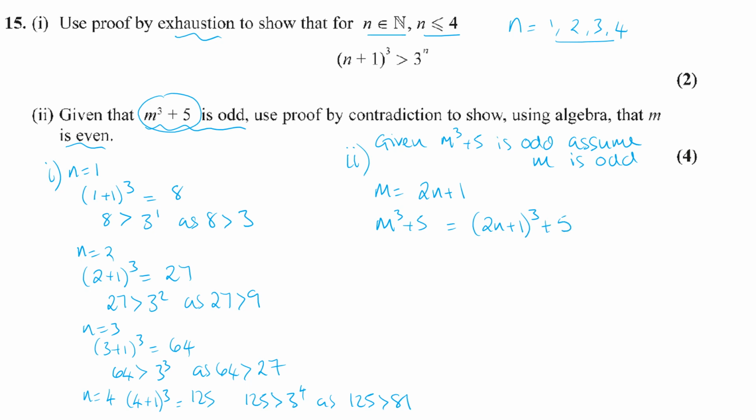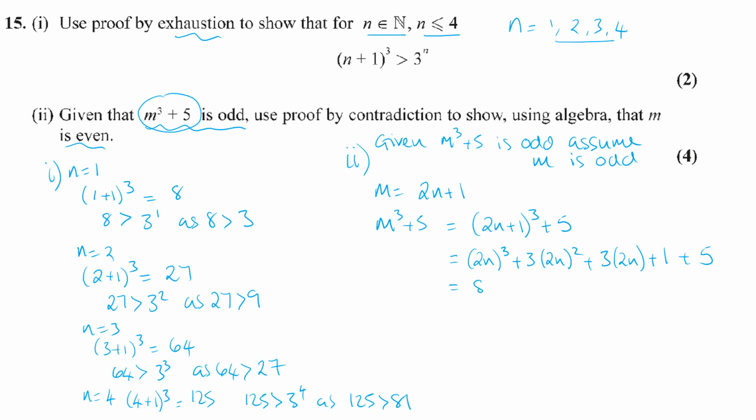So I'm going to use the binomial expansion. You could write those 3 brackets and multiply them, but I'm just going to use the binomial expansion. So that will be 2n all cubed plus the coefficients from Pascal's triangle. We'd have then 3, 2n all squared plus 3 times 2n plus 1, and then plus the 5 on the end.